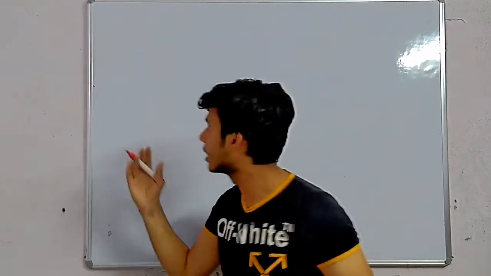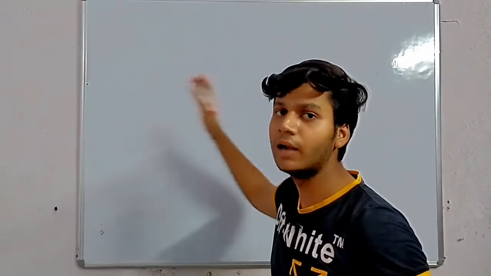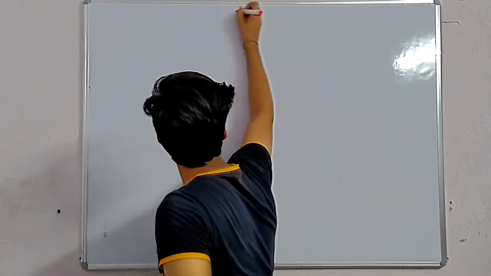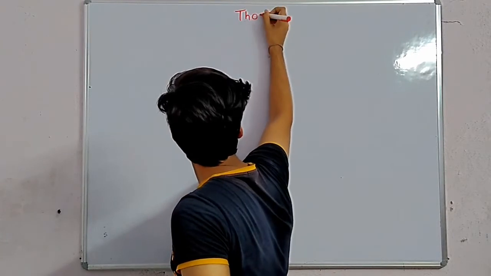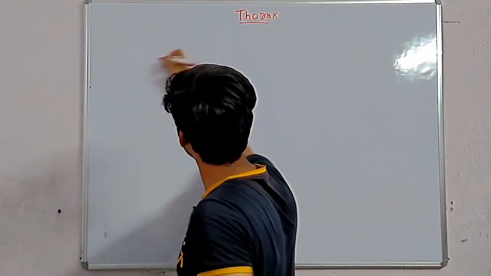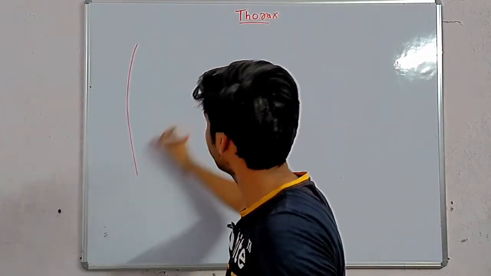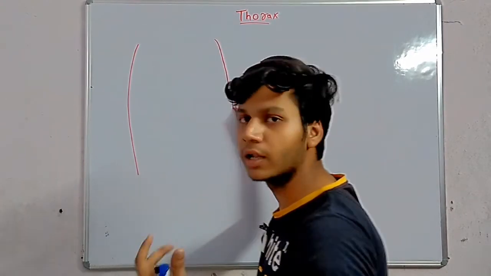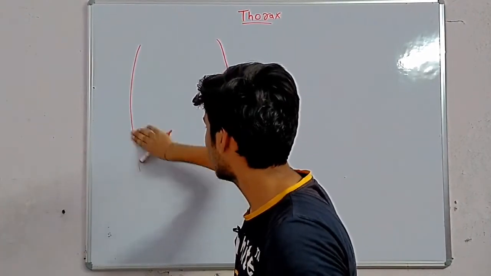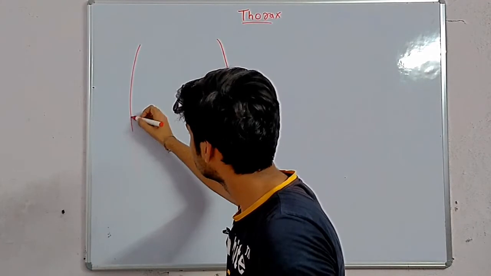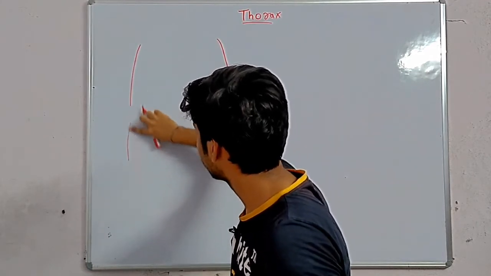So we are taking a section of thorax anteriorly and laterally. We know that thorax is a conical structure which has a cut end from above. This is the structure of thorax.